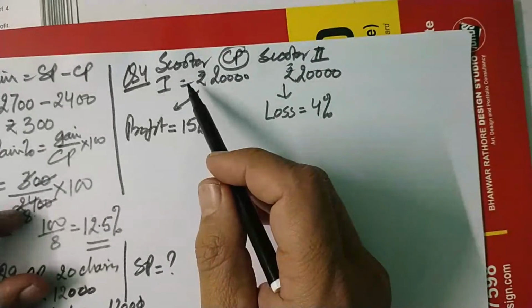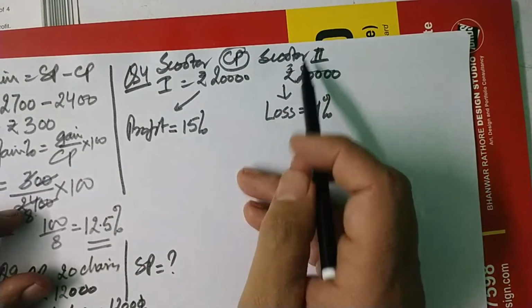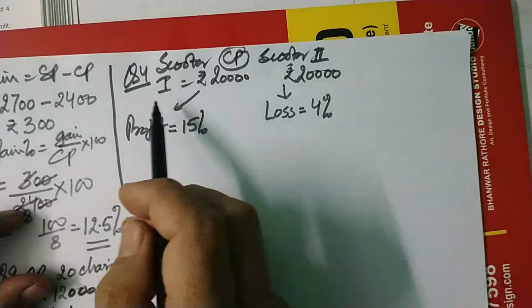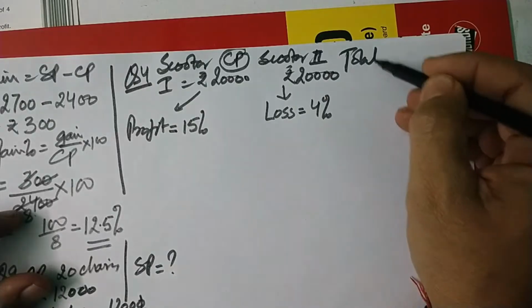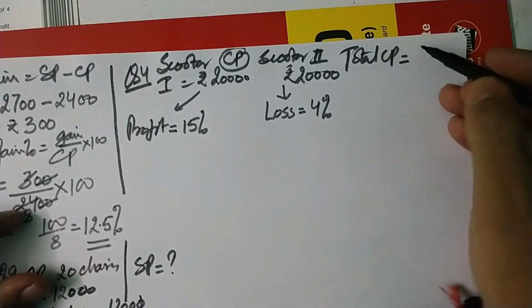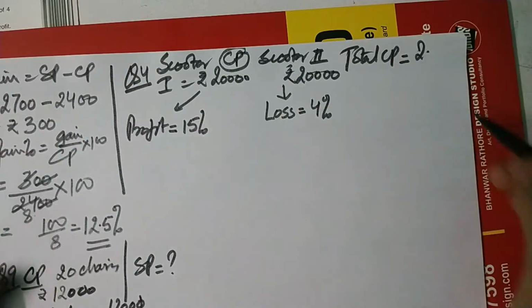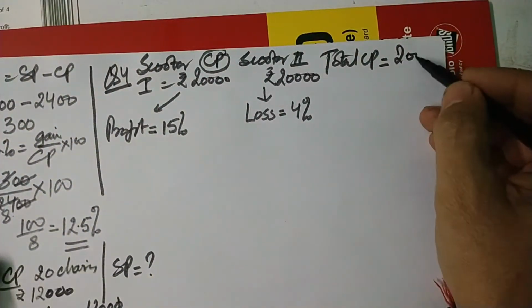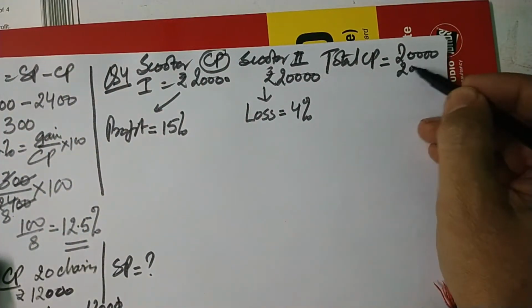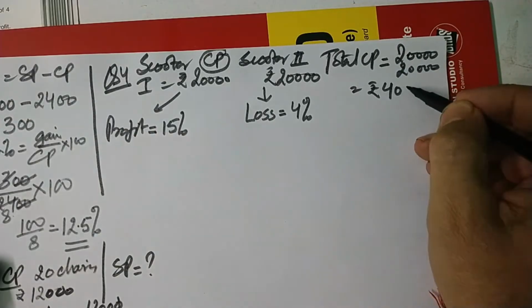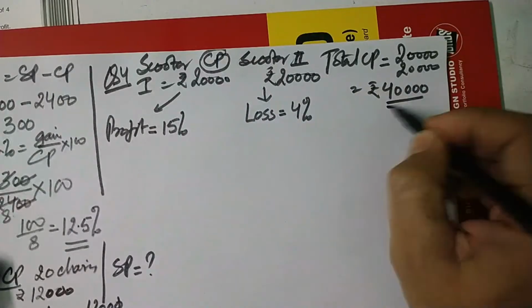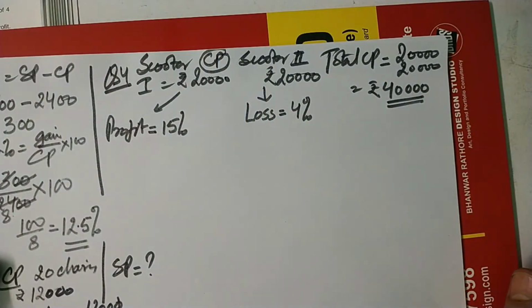So scooter number 1 is for 20,000, scooter number 2 is for 20,000. So we know total cost price. Similarly, we have to find the total selling price. So total CP becomes 40,000 rupees.